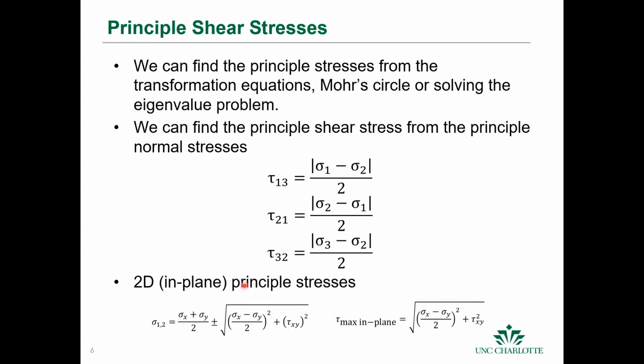The principal stresses we can find as well, and the principal stresses include principal shear stresses. The nomenclature can be a little bit confusing because we have principal stresses. Those principal stresses include the normal stresses and the principal normal stresses and the principal shear stresses.